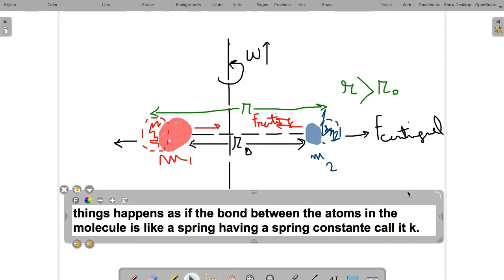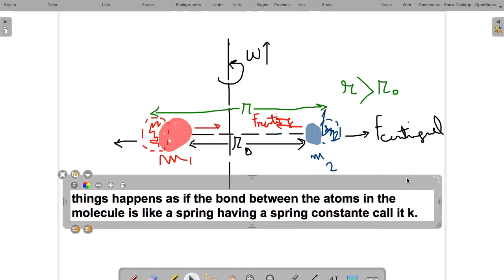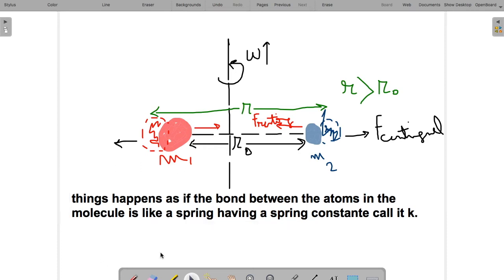And since the molecule at the end of the day remains in equilibrium, let us write that down.